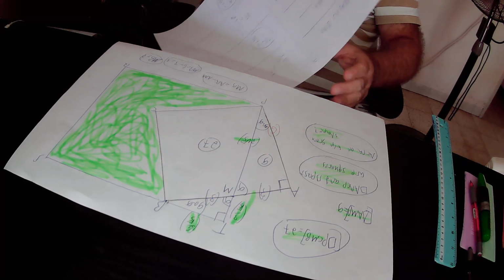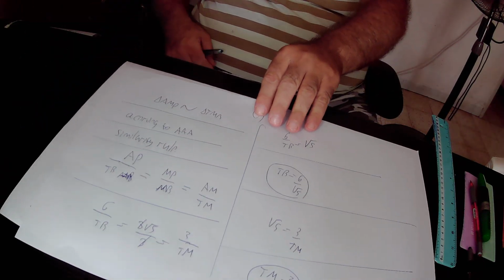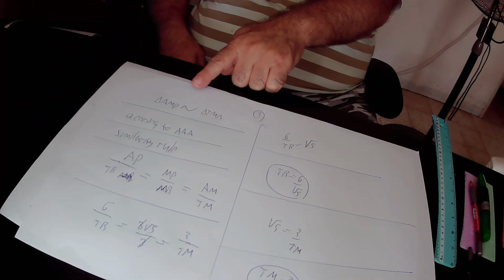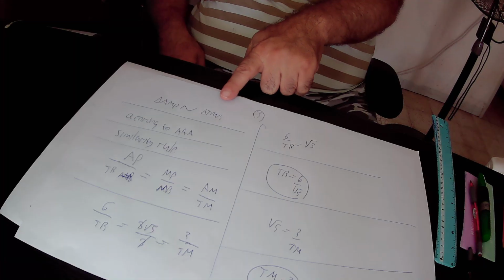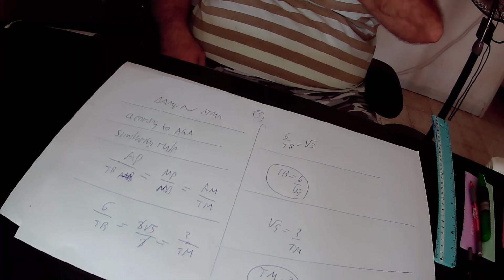The big right triangle AMP is similar to the small right triangle TMB according to the angle similarity rule.